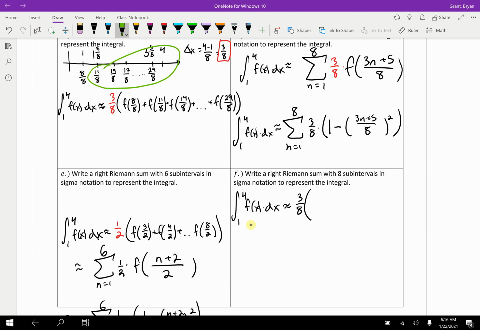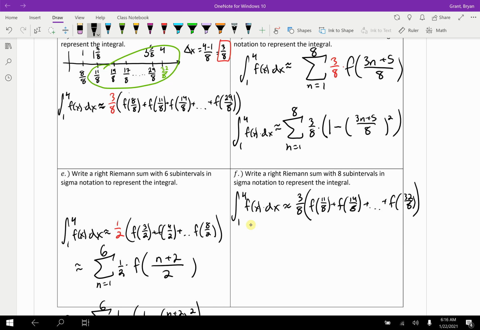Let's just add 3/8 more. I think that's 32/8. That's where we're going to finish. Okay, so it becomes f of my first term 11/8, 14/8, and then follows that pattern out to finish with 32/8.